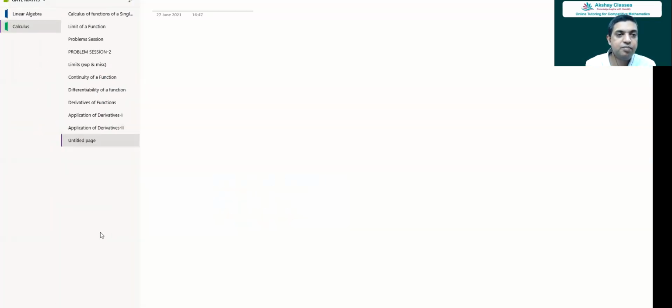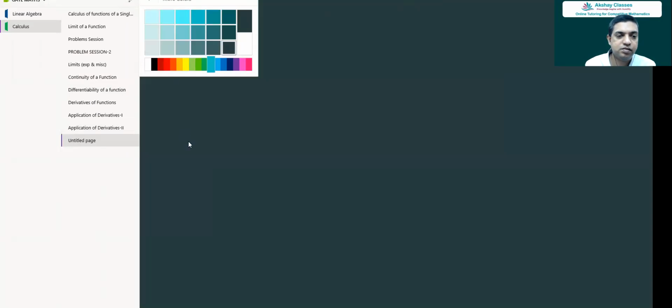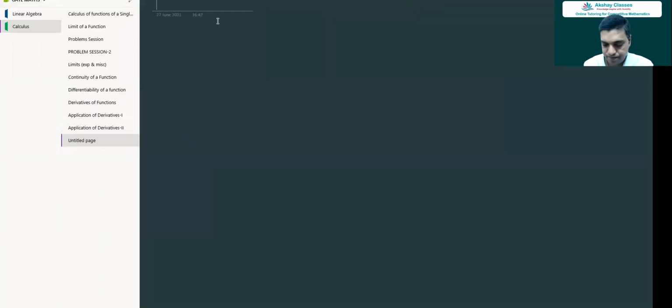Next, very important application is monotonicity and maximum and minimum values, or maxima and minima of functions.